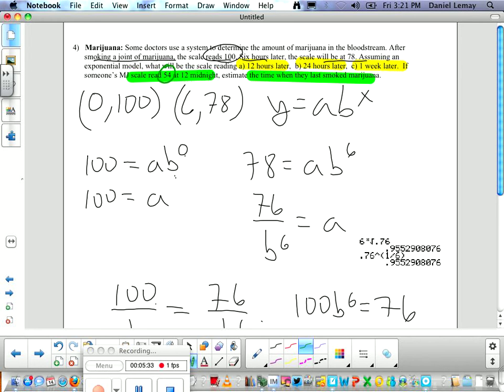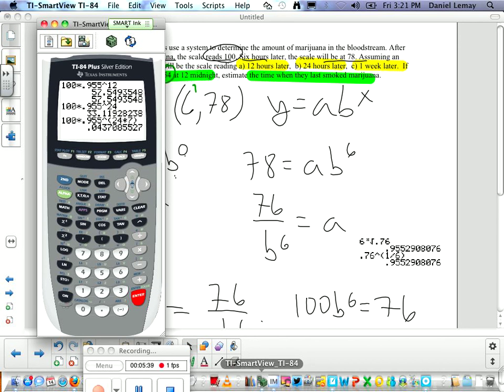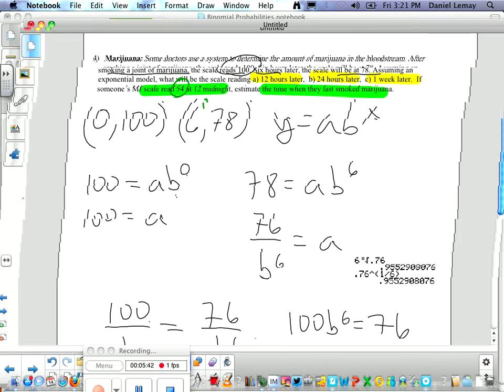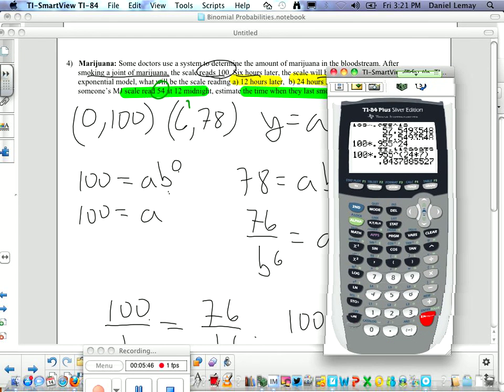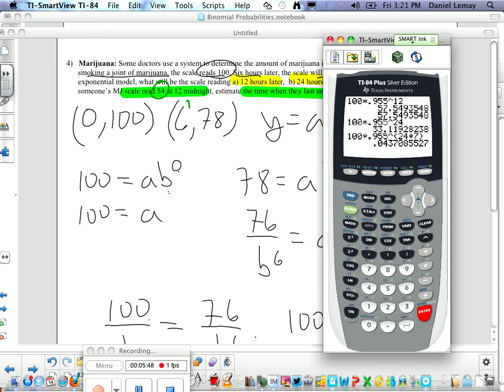And then we're going to have to work backwards in time. So I'm going to go back to my calculator. And because I don't know how to solve this any other way right now, I'm just going to estimate. I'm going to try punching some numbers in here and make a guess.